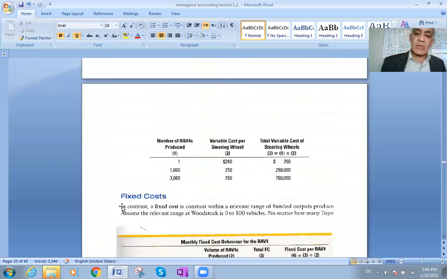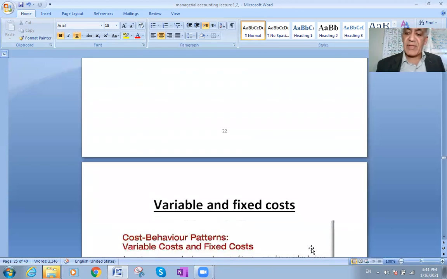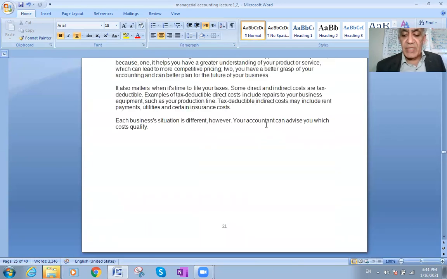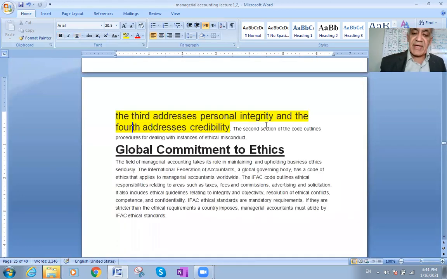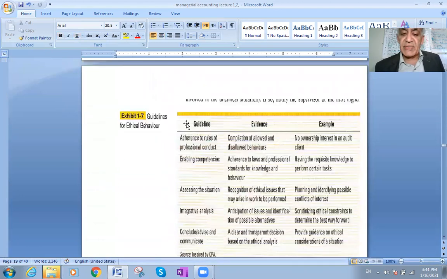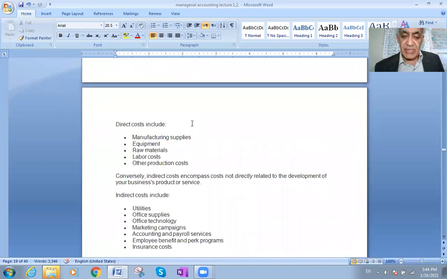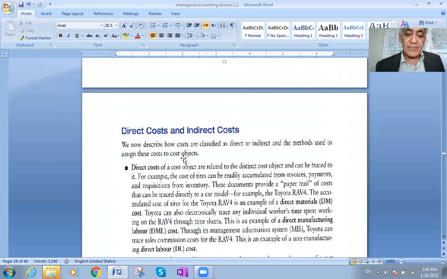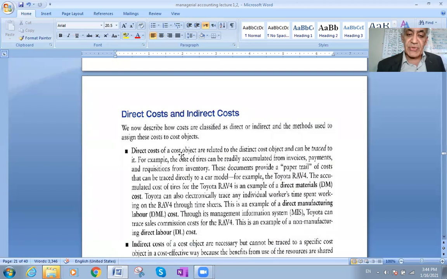Now we will go to our theoretical part. I think now we understood the accounting part, so it will be easy to understand the theoretical part. We say we have direct costs and indirect costs, and I'm covering this also in the other video. The direct cost objects are related to the distinct cost object and can be traced.